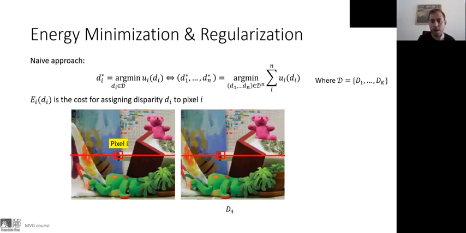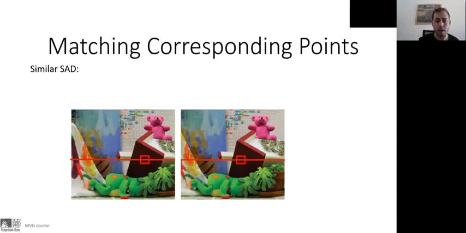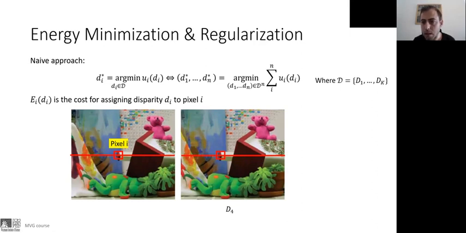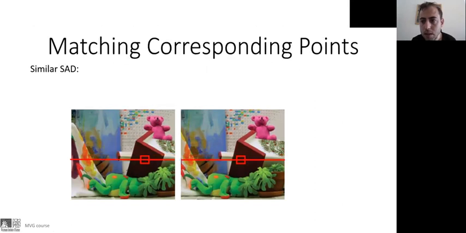We will see later why we wanted to write it like this, but we can think of it as finding n disparities for n pixels, where n is the number of pixels in the entire image, and for each pixel we want to find the correct disparity. A problem we already mentioned is that neighboring pixels might have similar disparity, right? Yes, and that's what we will see very soon.